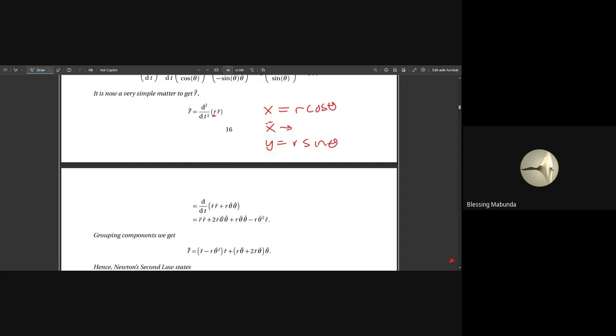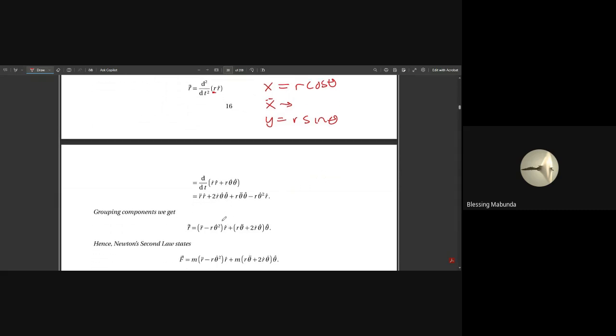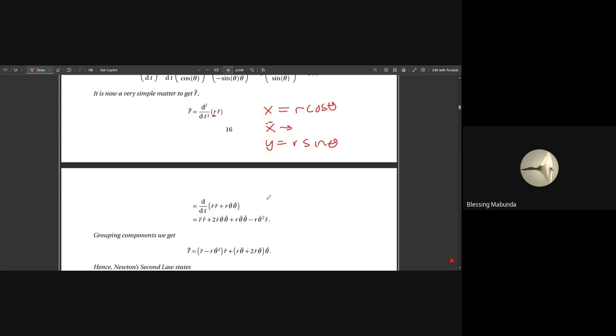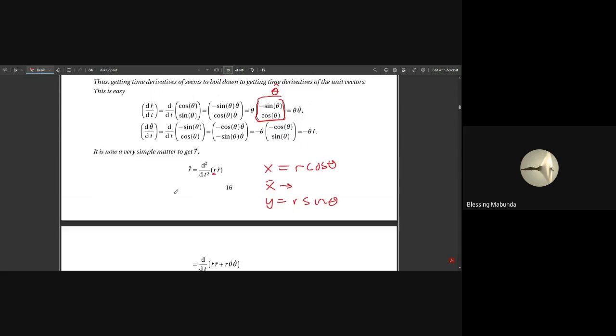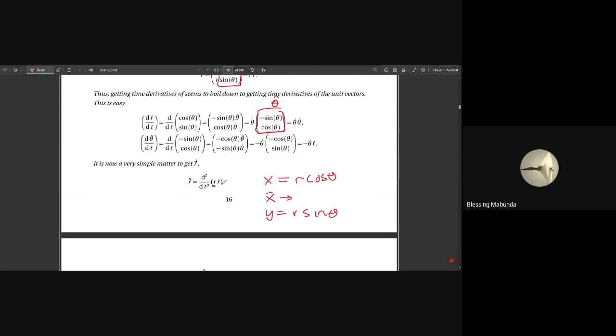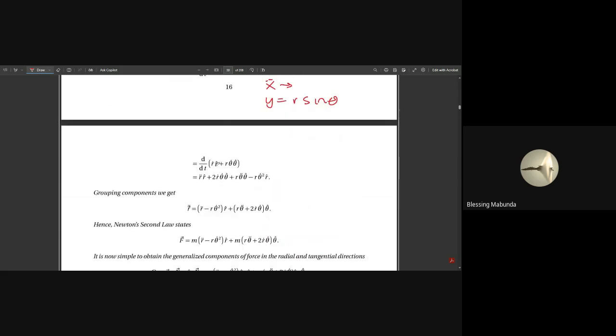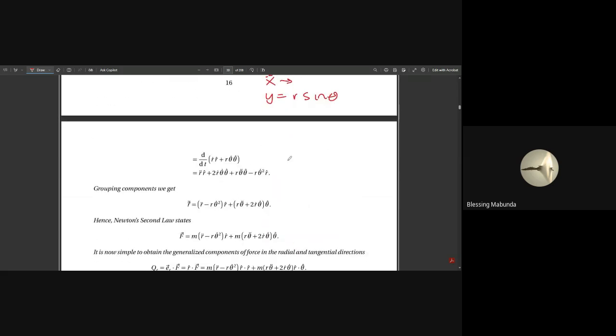And the second derivative of this is going to be r double dot r hat plus 2 r dot theta dot theta hat, and then plus r theta double dot theta hat minus r theta dot squared r hat. So if you find this confusing, you can just use the r hat expression in its entirety and then see how it actually just gets back to what we have here.